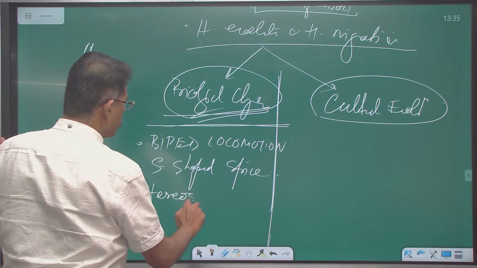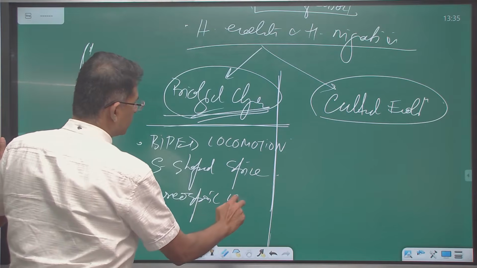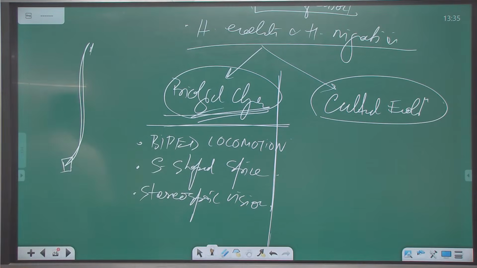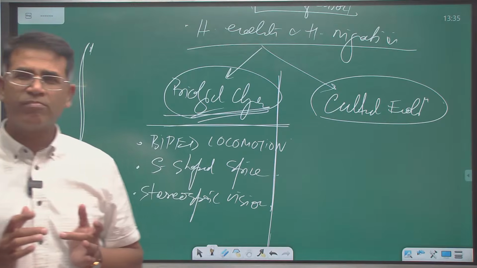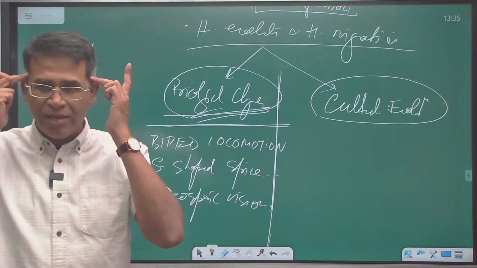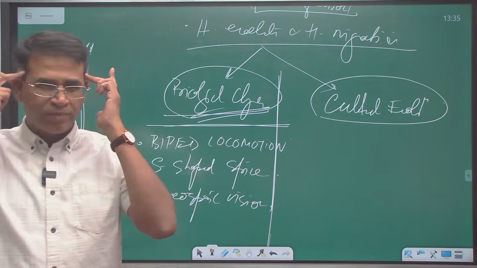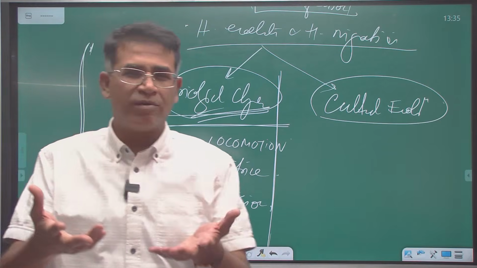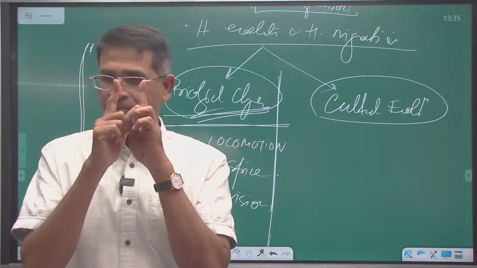Linked to stereoscopic vision. The more evolved species have eyes in front. Eyes side में होता है. Think of cattle, cows, and think of hunters like lion. Eyes are in front.